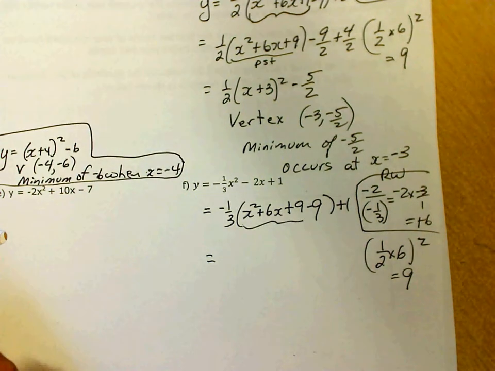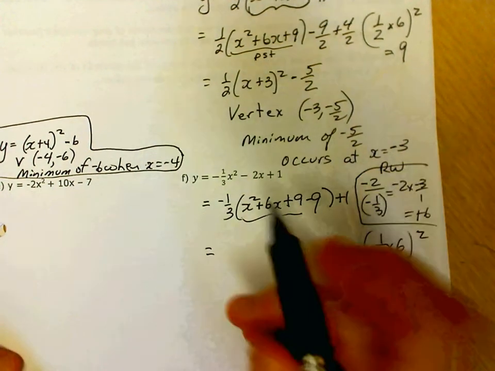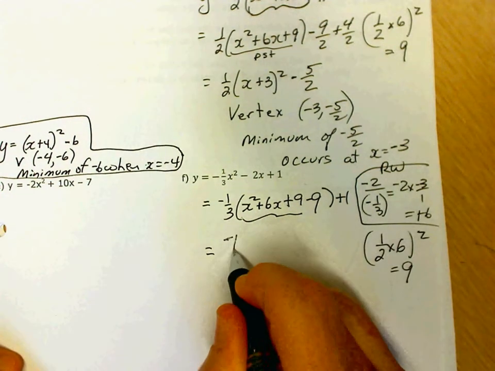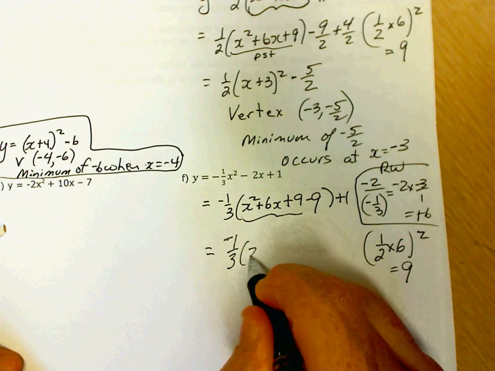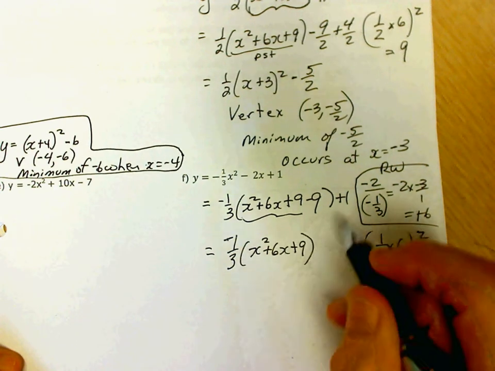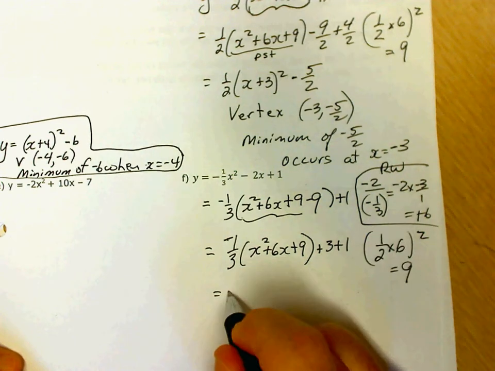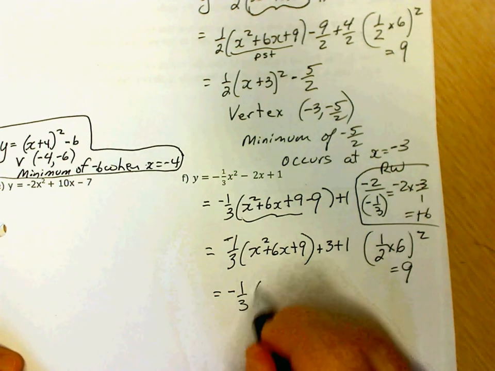We just want that in the brackets by itself. So this is going to be negative 1/3 x squared plus 6x plus 9, plus 3, plus 1. And that's negative 1/3 x plus 3 all squared plus 1.